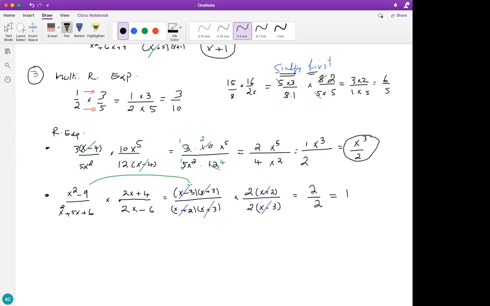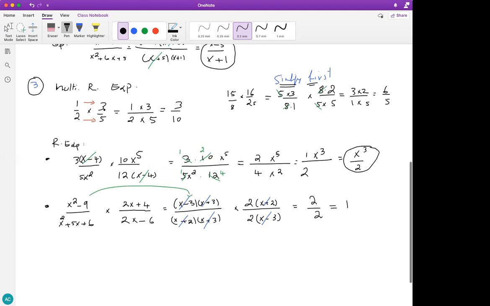If you didn't know factoring in addition to the rules of fractions, you wouldn't get to this answer. But if you know your rules, this can be done in a couple of minutes. If you choose the long way and the complex way, it will take you a long time. You may never get the answer. Okay, so that's basically how you multiply rational expressions.